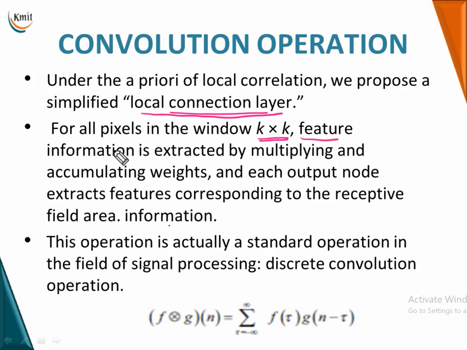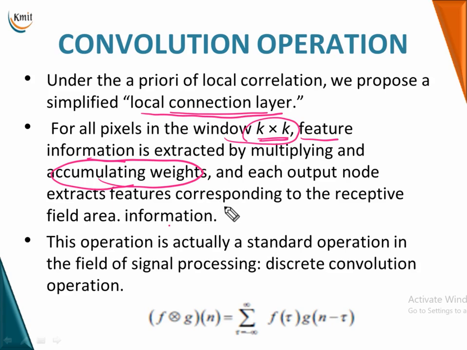That feature information in that particular window is extracted when you multiply the accumulating weights and multiply that with all the pixels of this receptive window. Then each output node extracts the feature corresponding to the receptive field area.